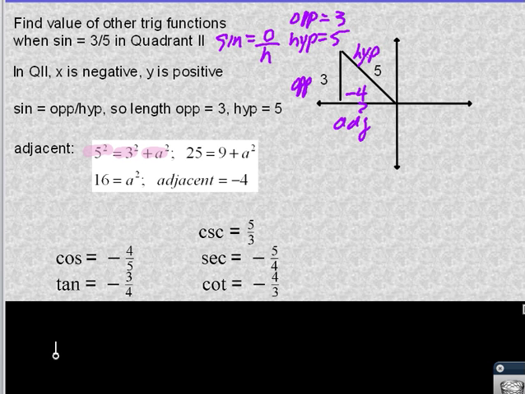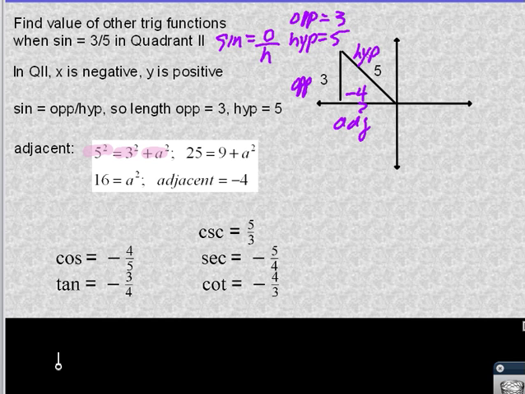So we have sine. We're going to start with cosine. Adjacent over hypotenuse, it's negative. Anything that uses adjacent is negative. Opposite over adjacent. Hypotenuse over opposite, hypotenuse over adjacent, and adjacent over opposite. So for these problems, whatever trig ratio you're given, figure out which sides you're using.